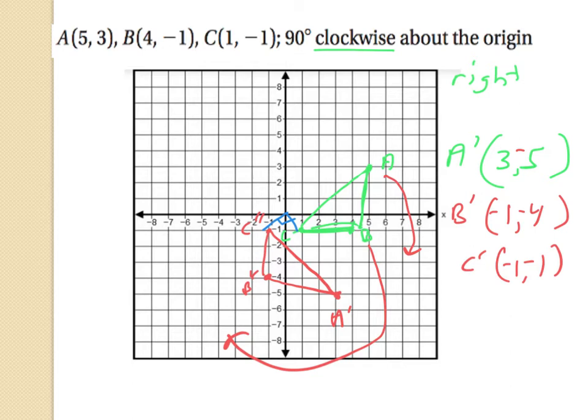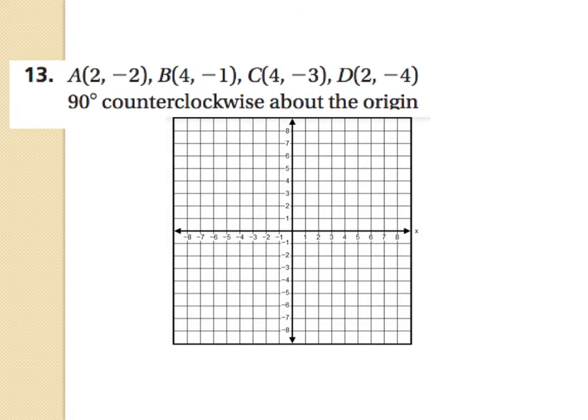I showed you with the C and the C prime, when I go back to the origin, which I'm rotating around, I get a 90-degree angle, and I went clockwise, which was to the right.